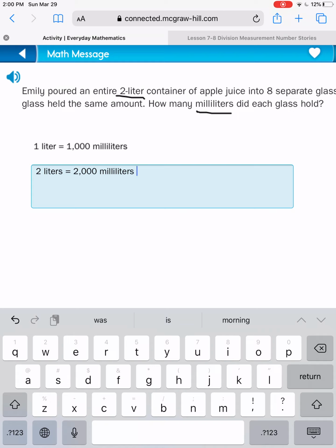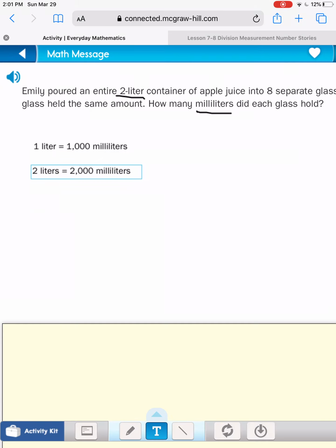Now, what I want you boys and girls to think of right now is what is the number model that we're going to need to solve to figure out how much apple juice would be in each of these 8 containers. So think about that for a moment.